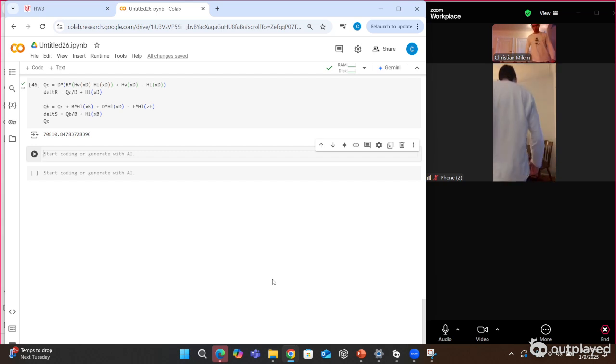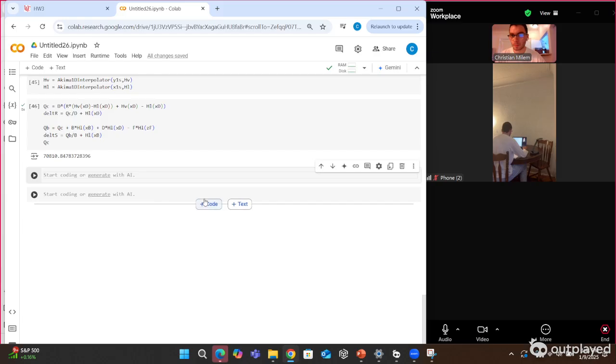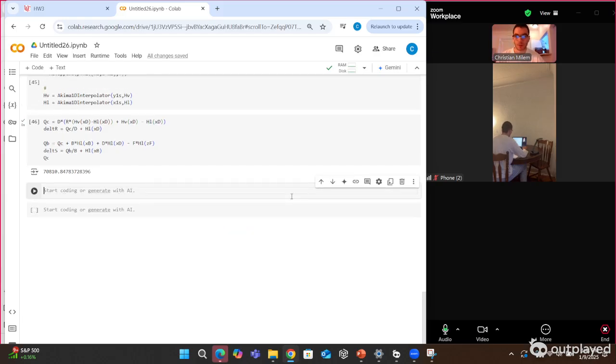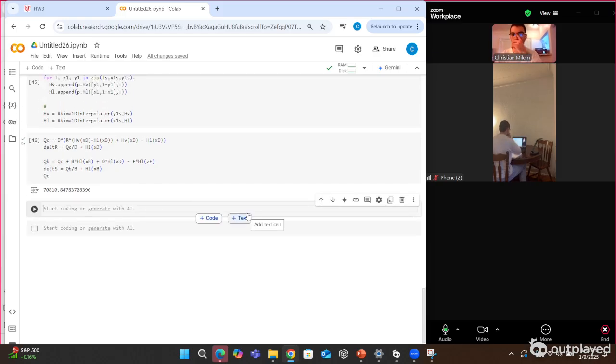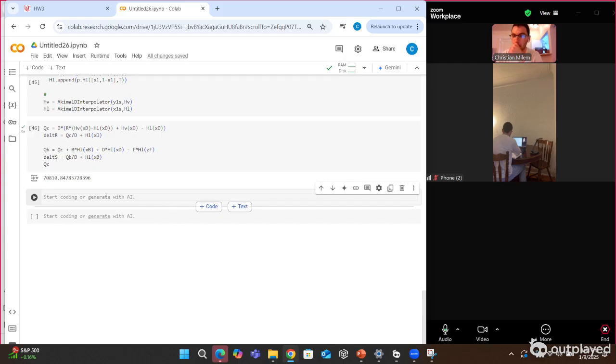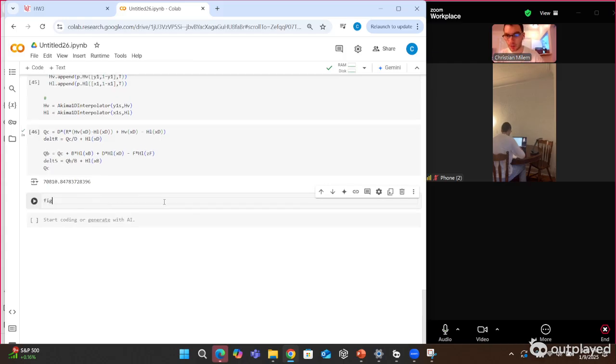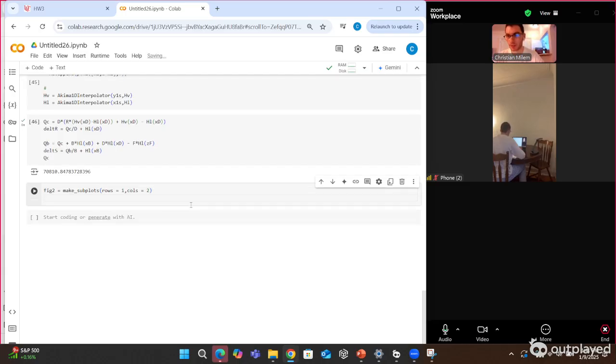Okay. So let's start. We're going to have to graph out our Ponchon-Savarit diagram. So let's start by making the outline for that. We're going to need fig2 equals make subplots. We're going to need that many rows and that many columns because we're going to do two graphs.